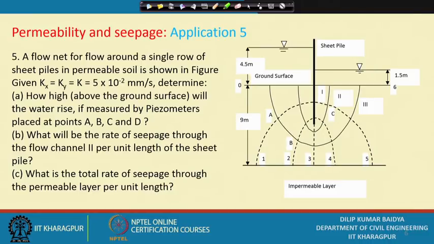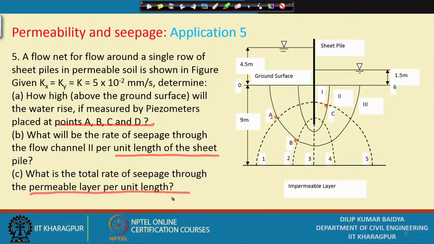Determine how high above the ground surface the water will rise if measured by a piezometer placed at points A, B, C. A and B are at this point, and C is at this point. What will be the rate of seepage through the flow channel per unit length of the sheet pile, and what is the total rate of seepage through the permeable layer per unit length? So, this is the question.